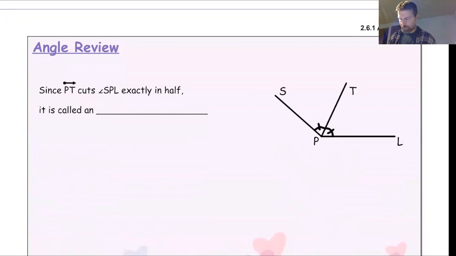Moving on to the last one. Since ray PT cuts angle SPL exactly in half, it's given a special name. So this ray cuts that angle exactly in half. When that happens, it's called an angle bisector.